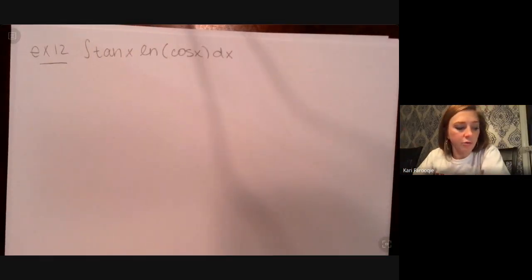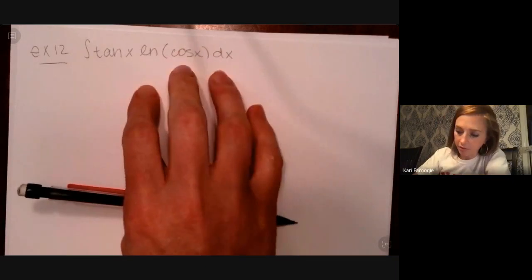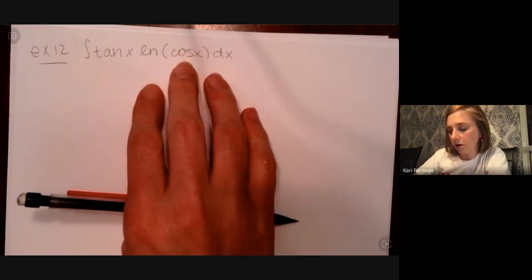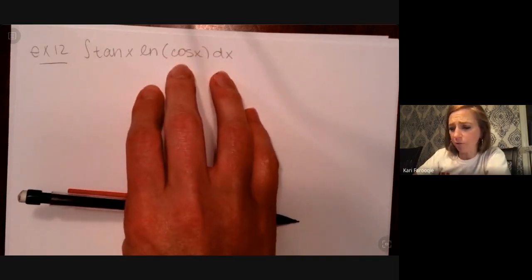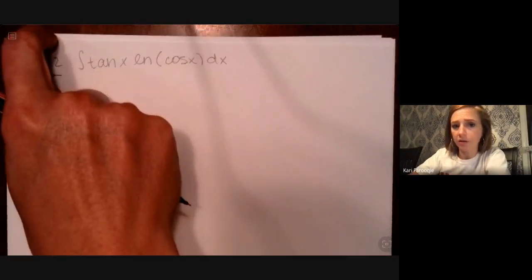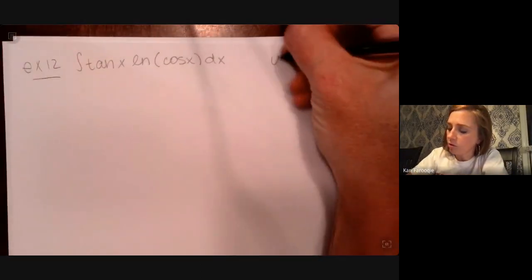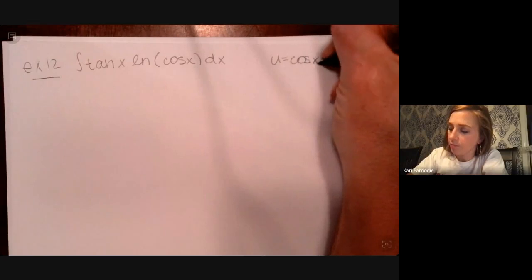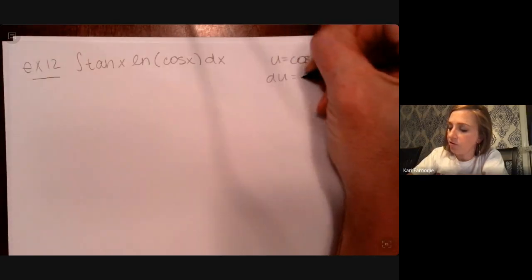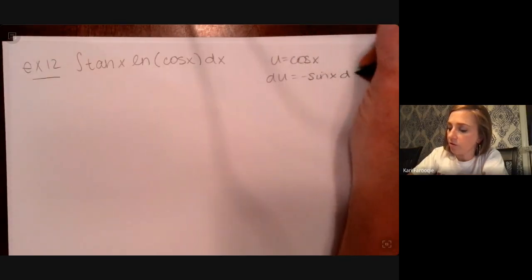And this is definitely one that you're going to want to play around with a little bit. For instance, I think we would pick out the inside function cosine x. I mean, what else could it be in this case? So let's let u be the cosine x. And then du is negative sine x dx.